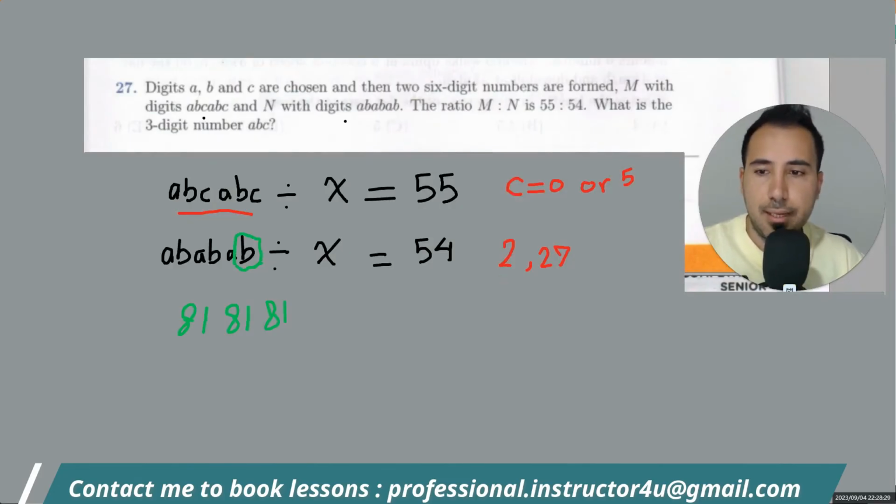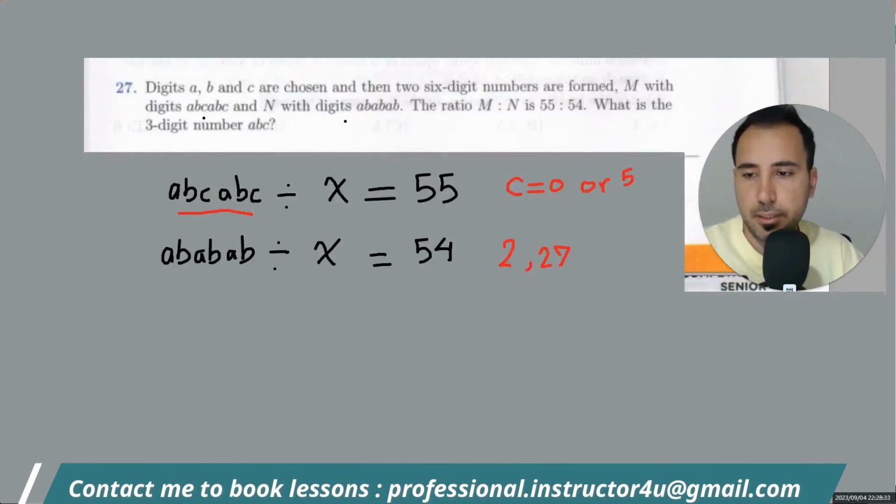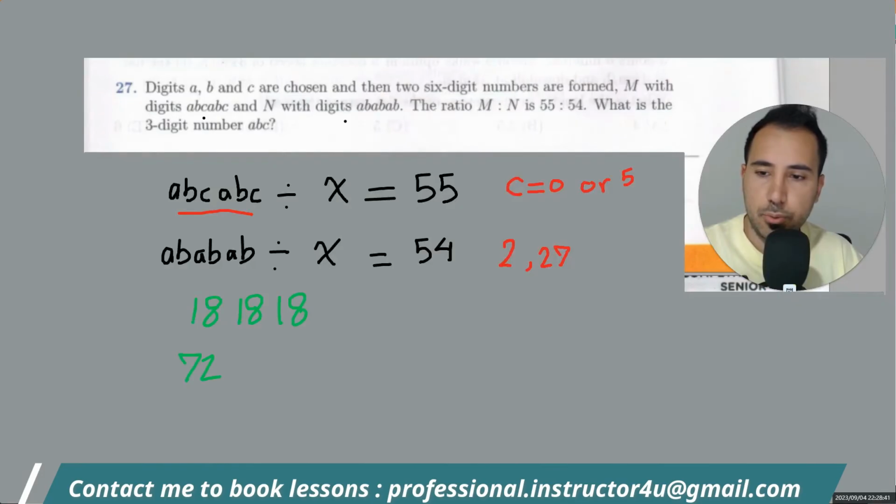So the number has to be one of these: 181818, or 727272, or 363636, or 545454.